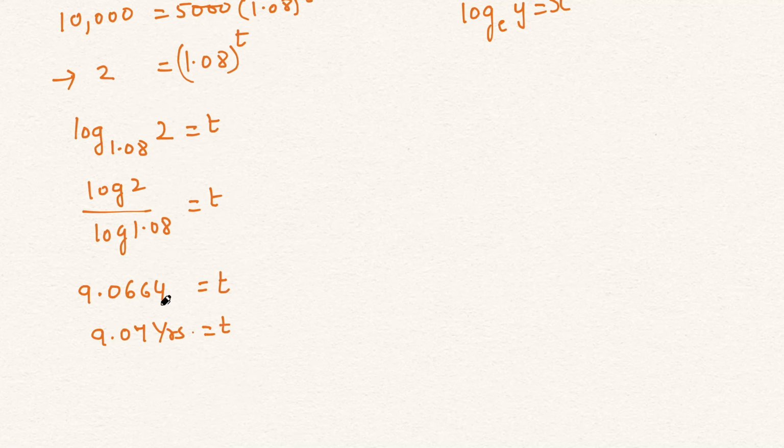Now again, because it is rounded off and not exact, I have to mention approx. Otherwise, it will be considered the proper time, but this is an approximation. So don't forget to write approx.